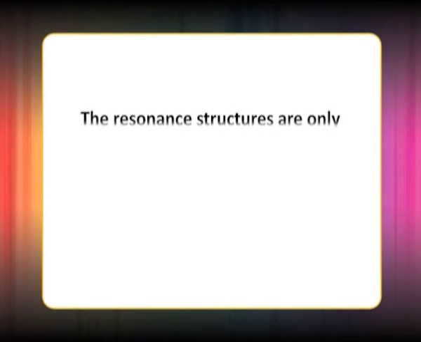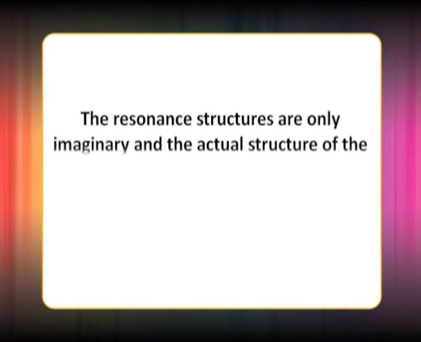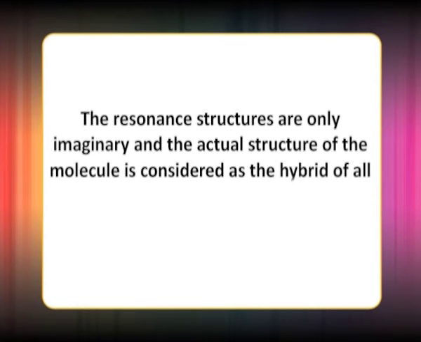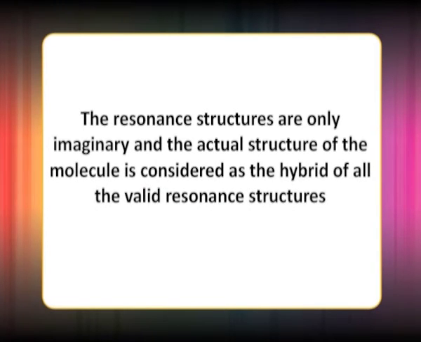There are various salient features of resonance, which are: the hypothetical structures with different arrangement of electrons but with identical position of atoms are called resonance structures or canonical forms or contributing structures. The resonance structures are only imaginary and the actual structure of the molecule is considered as the hybrid of all the valid resonance structures.